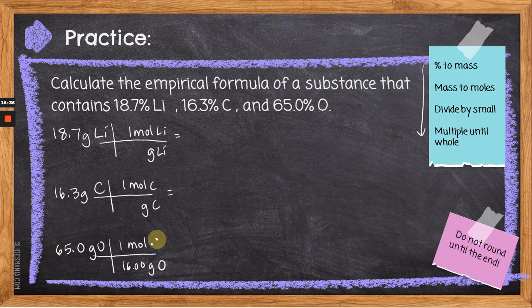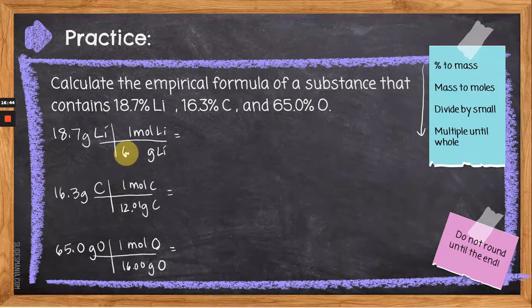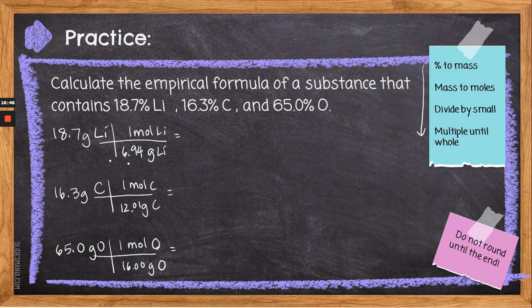Okay, like that. I know carbon is 12. I have to look up lithium, so let's see, 6.94. All right, so now I can calculate. So 18.7 divided by 6.94. Remember, don't round off too much. Keep at least 3 decimals.